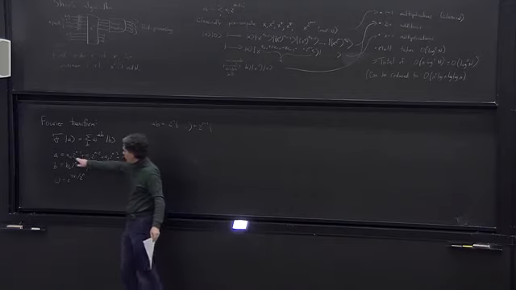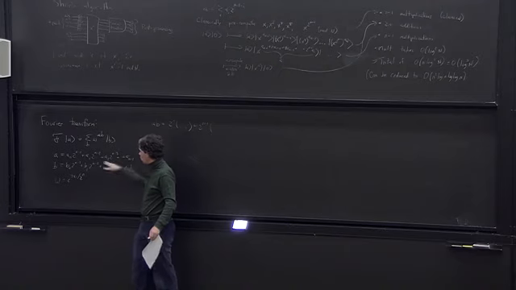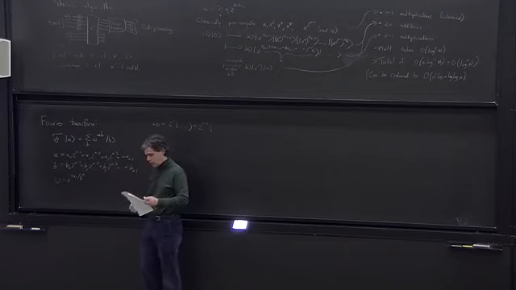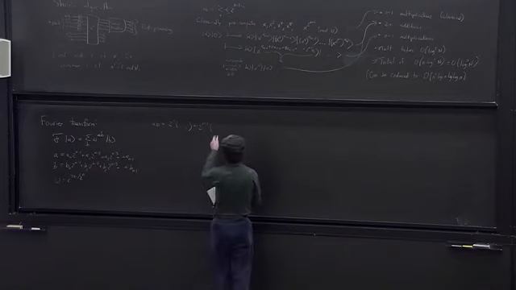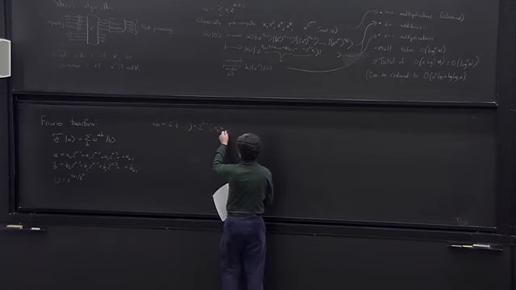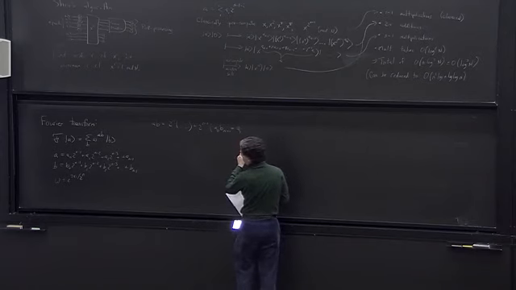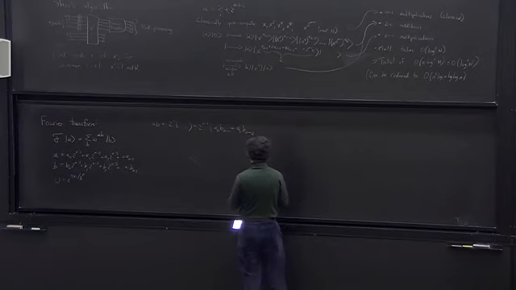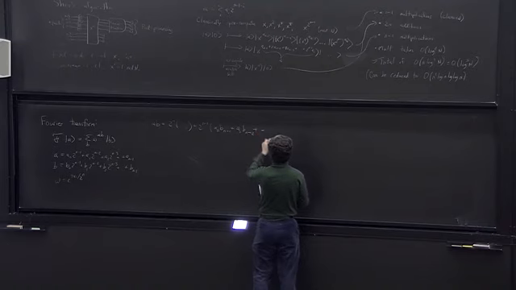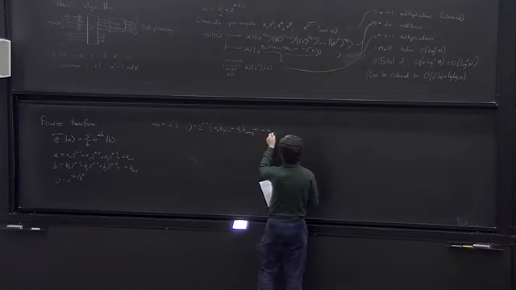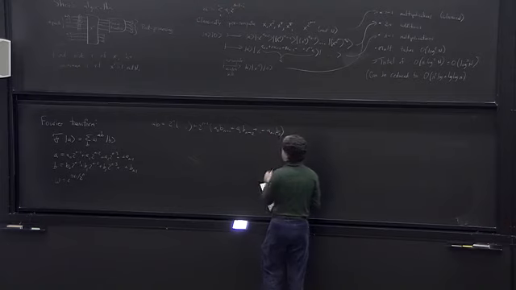OK, so what is this 2 to the n minus 1 term? Well, we could take a0 times 2 to the n minus 1, and multiply it by b n minus 1. Or we could take a1 times 2 to the n minus 2, and multiply it by b n minus 2, or so on, all the way down to a n minus 1 times b0.